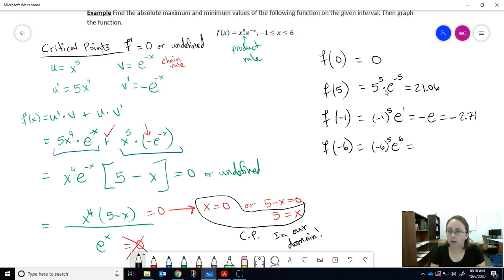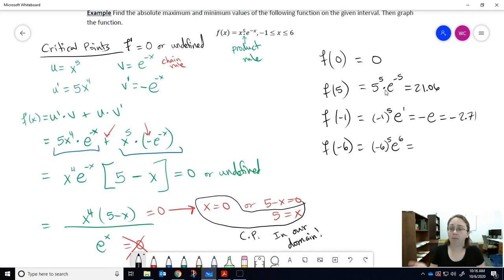So, going to be negative 6 raised to the 5th. Now, if you don't work out that negative separately, which is how I do it, make sure you put the negative 6 in parentheses, then to the 5th power. If you don't put that negative in the parentheses, you're not actually doing the power on it. You've got to make sure you do the power on it if you're not thinking through whether this is going to be a negative or a positive.